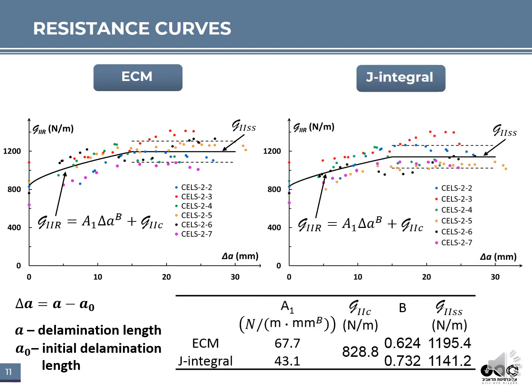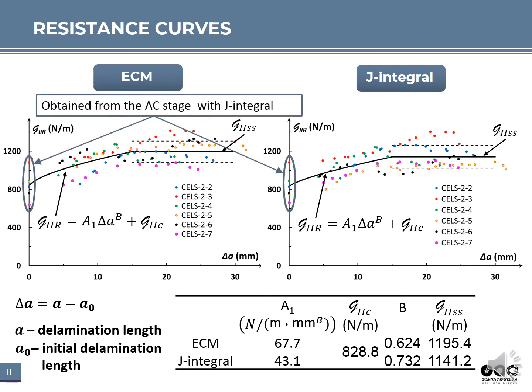Here are the results obtained using the J integral and the finite element analyses. In both cases, the R curve begins with an initiation critical value, G2C, which in both cases was obtained for each specimen based on the artificial crack stage, the AC stage.